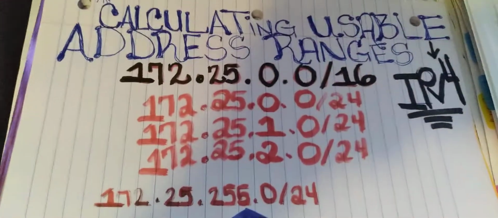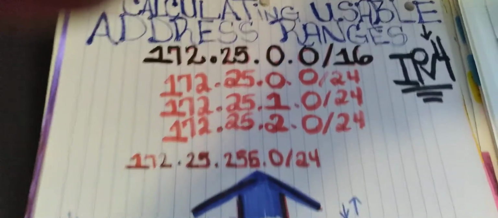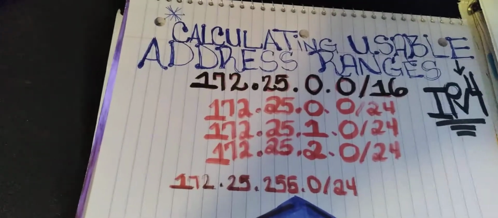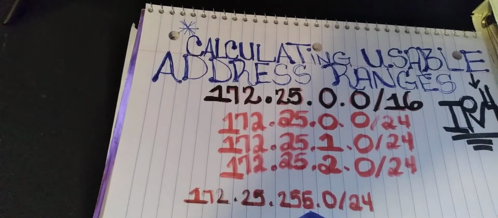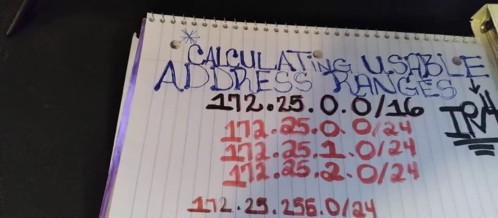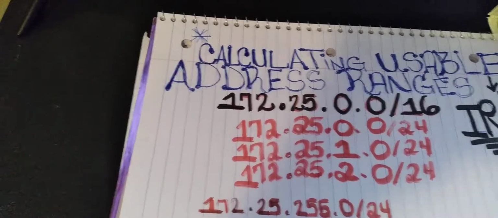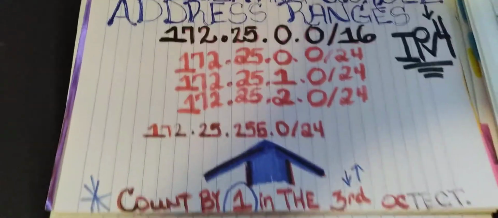And to calculate usable address ranges, we have 172.25.0.0/16. And we want to create some more networks, and we want to chop this up into 256 networks.